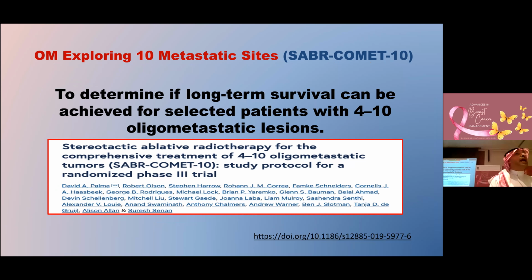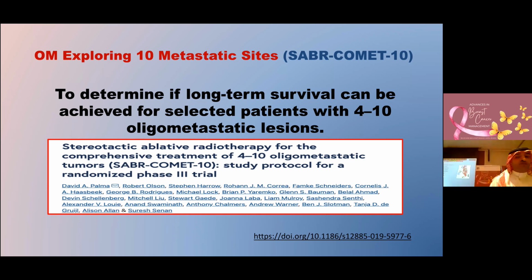So now we have evidence saying that those patients who had less than 5 metastatic lesions live way better than the patients who had no aggressive local treatment, either by surgery or stereotactic ablative body radiotherapy. Now they are exploring what about 4 to 10. The benefit of this trial is either to cross the line or just to hold on to 5 metastatic sites. So it will make a better identification and clarification of this oligometastatic population.